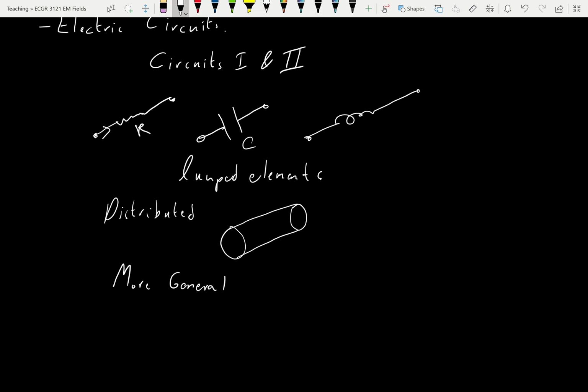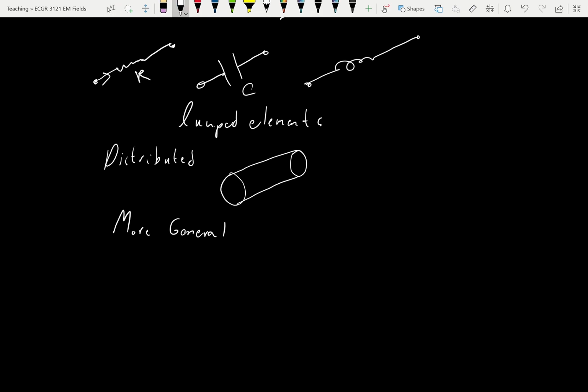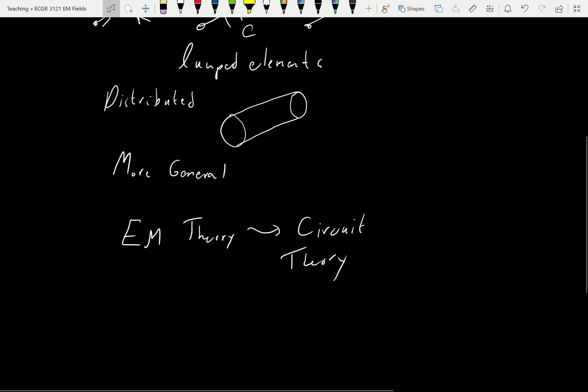Actually, circuit theory is a consequence of EM theory. EM theory is the general theory, and it leads to circuit theory. Okay. So from the perspective of EM theory, what is capacitance?